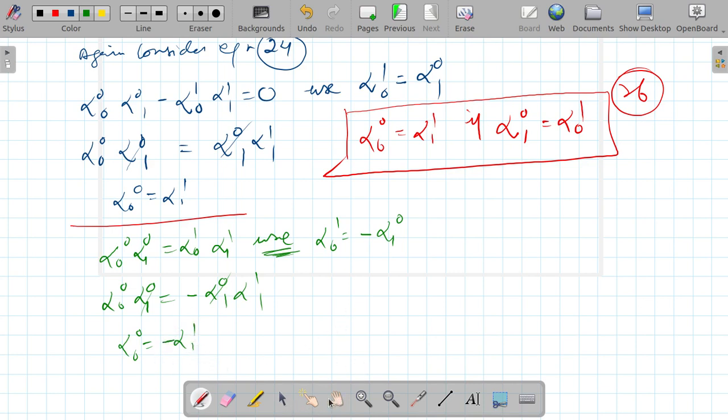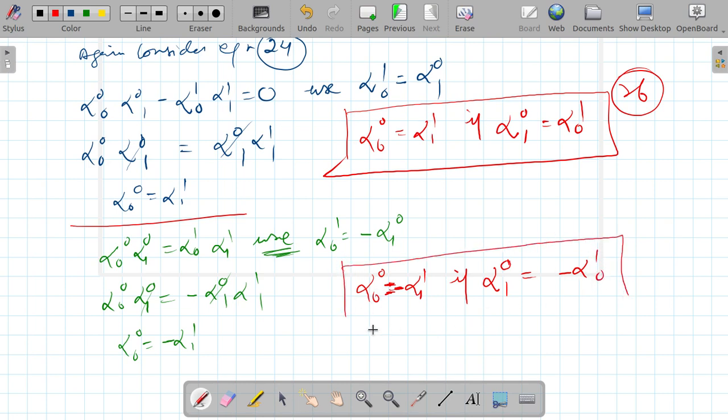So to sum up this result, I can write alpha 0 0 is equal to alpha 1 1 with negative sign, if alpha 0 1 is equal to minus alpha 1 0, right? So this is another thing which we are getting.